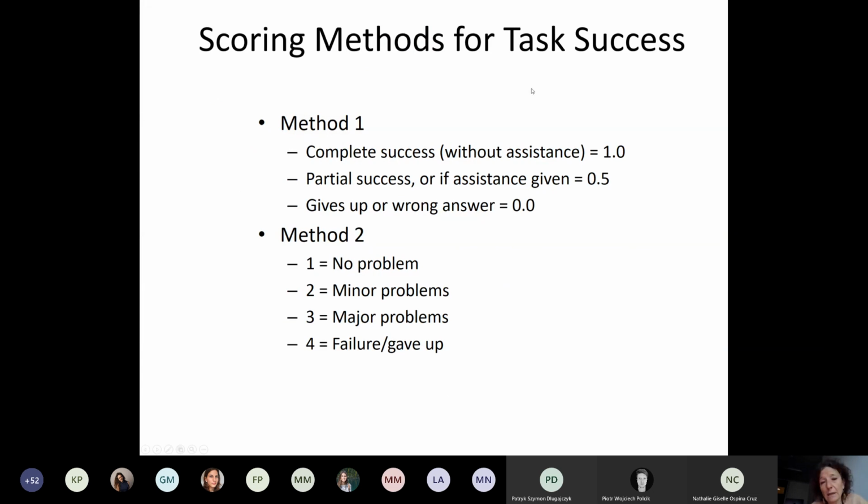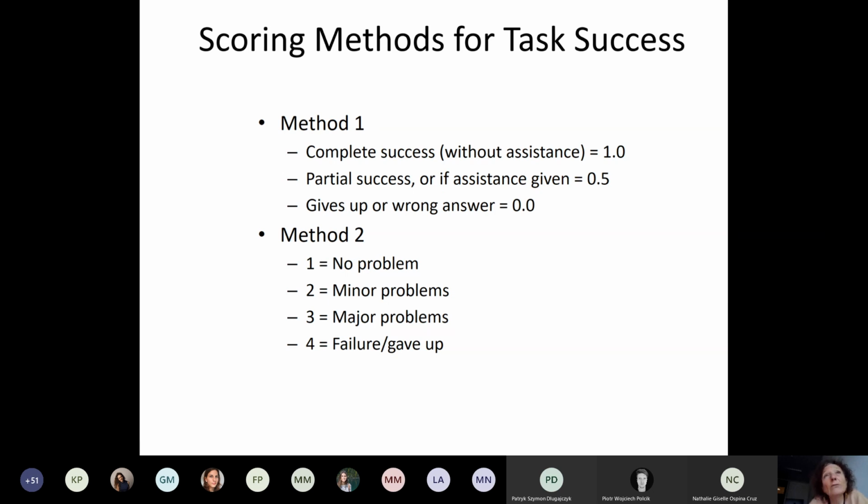Task success, it's a repetition of what I said before. So score the success, 1 for complete, 0.5 for partial. That is a sort of further detail of the previous slides.